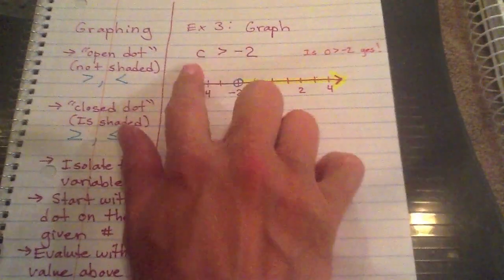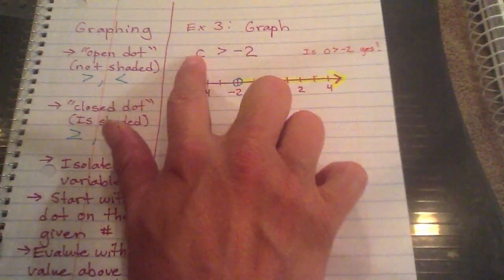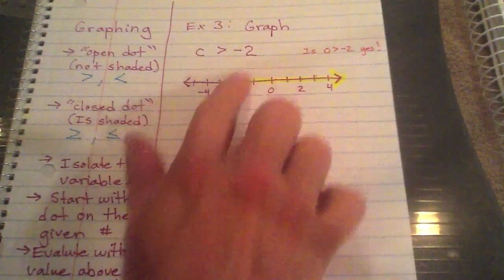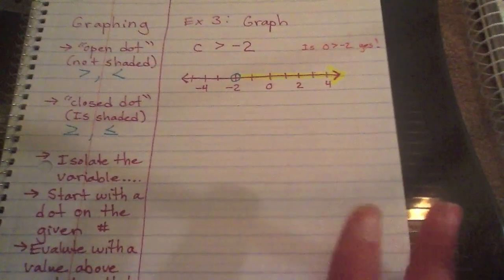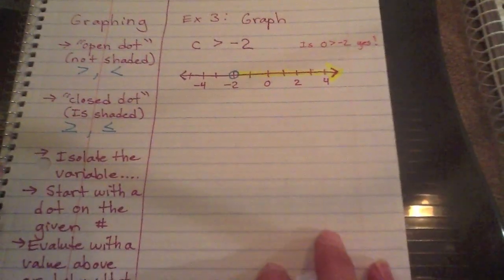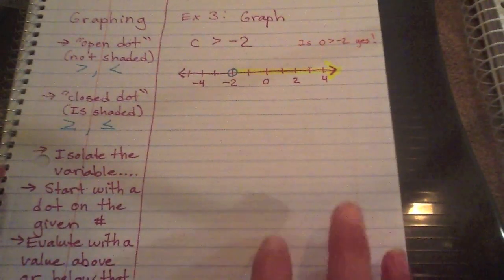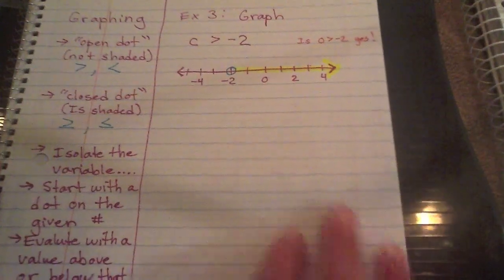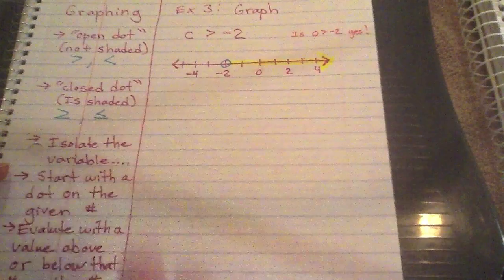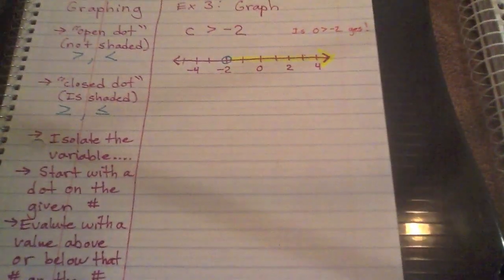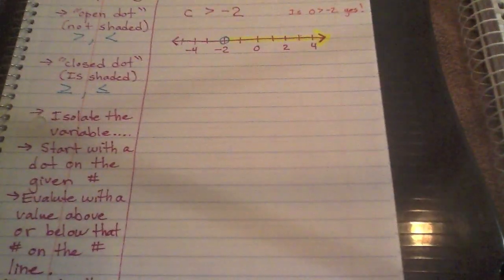If this had been written the opposite way, where -2 was over here and c was over here, that rule would no longer work. It would be the exact opposite. So don't use that rule unless you completely understand how it works and how to switch that back around when it's not that way. So I'll show you an example of that right now, just so you see it.